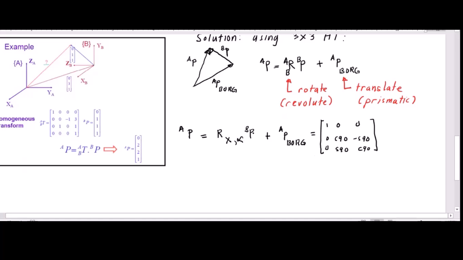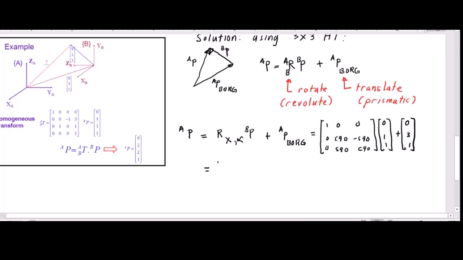Multiply that with the P to B, the coordinates given, that is 0, 1, 1, plus the PBORG to A, with coordinates 0, 3, 1.